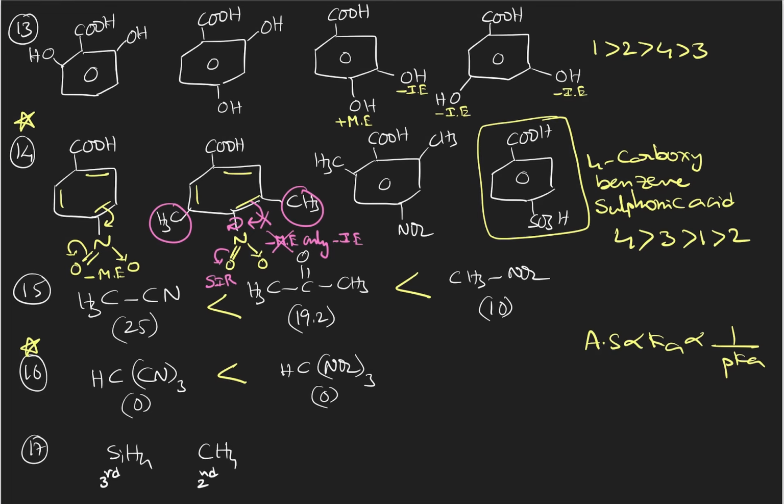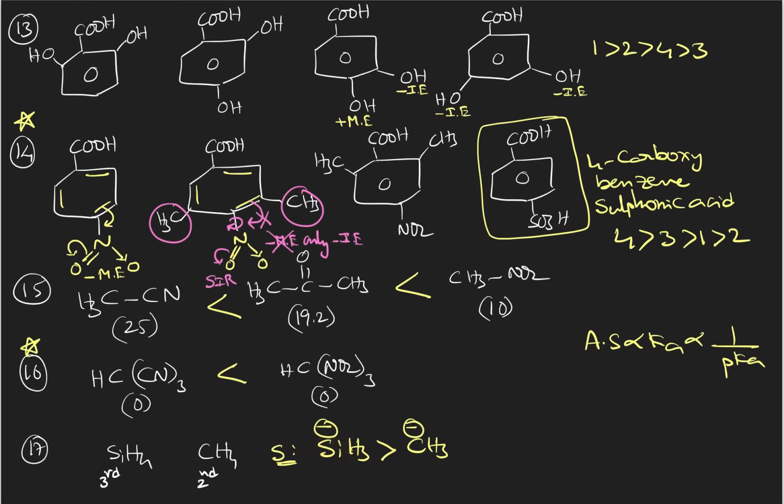In this case, SiH4 and CH4. Between SiH4 and CH4, silicon is a third period element, whereas carbon is a second period element. After release of their H plus ions, this forms SiH3 minus and this forms CH3 minus. So SiH3 minus is more stable than CH3 minus because silicon is a bigger atom.